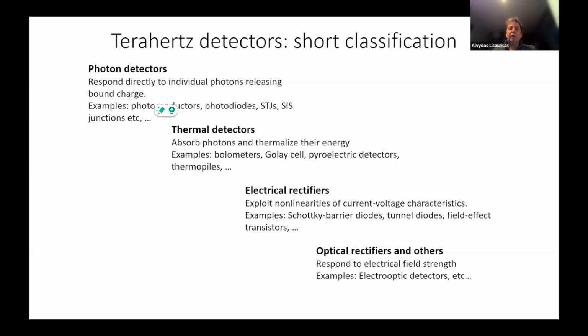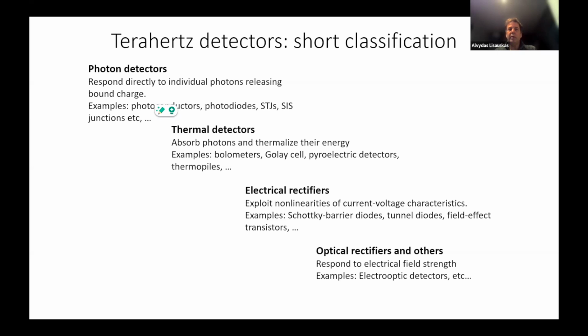Not all phenomena are listed: there is also optical rectification, where we respond to electric field strength, for example electro-optic detectors. That's a family of devices which actually ignited the biggest scientific and technological interest in the terahertz range.